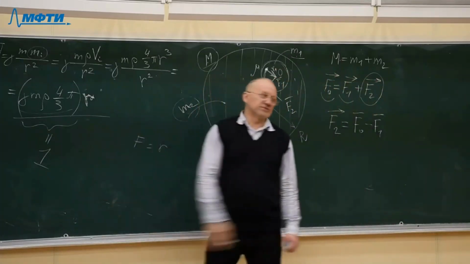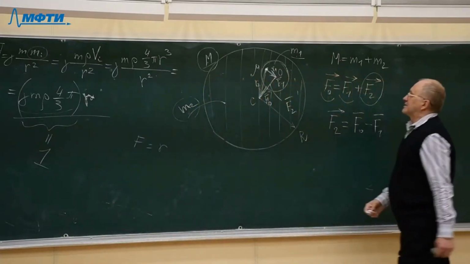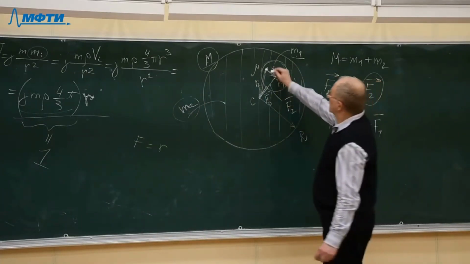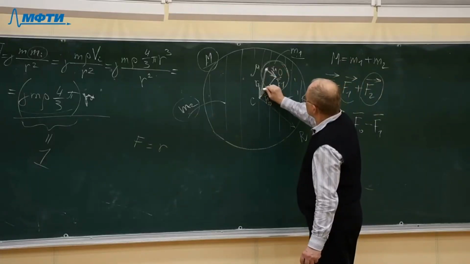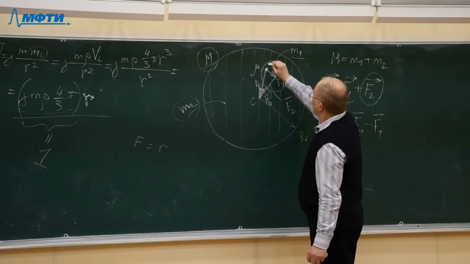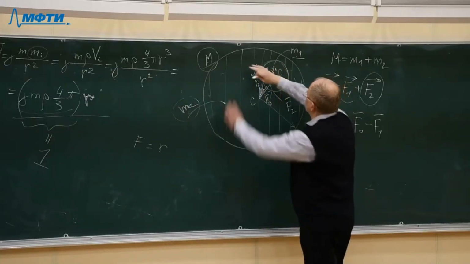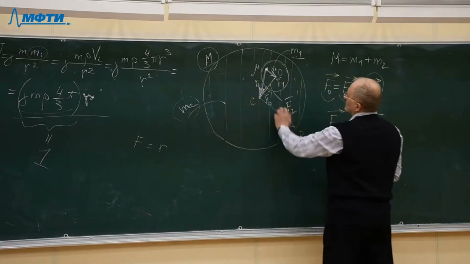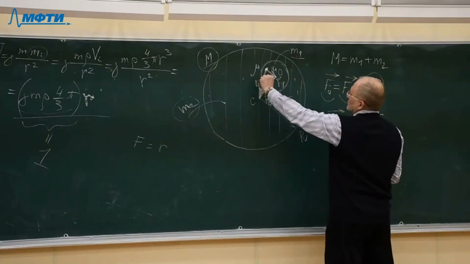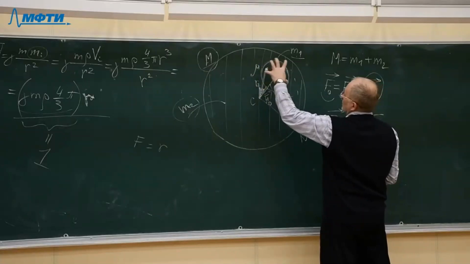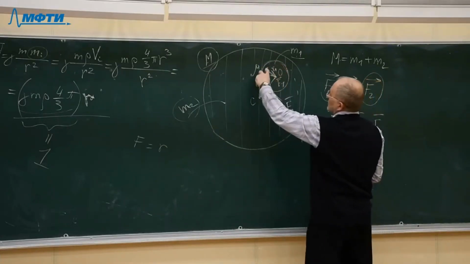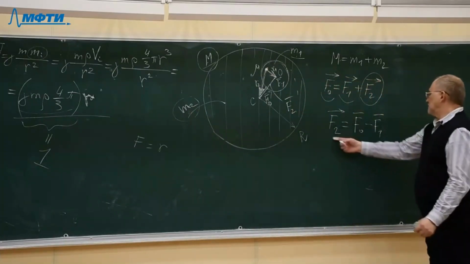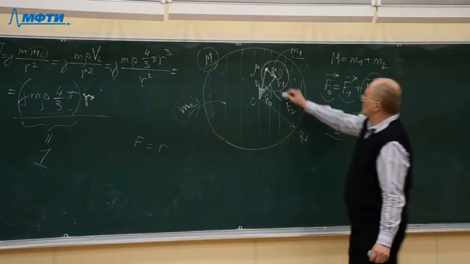We have solved this problem. And now I understand that the resulting interaction of mass mu with the large sphere, which has evenly distributed matter, consists of two forces: the force of interaction with the small sphere and the force of interaction with the remaining matter of mass m2. So it's easy to find the force F2. We have found it. That's the result.